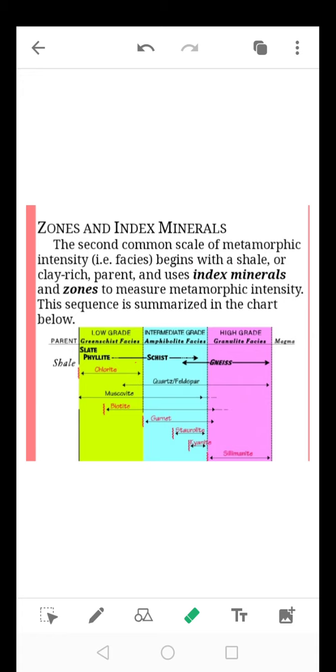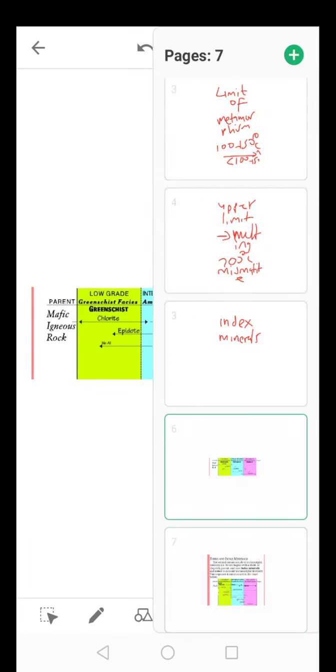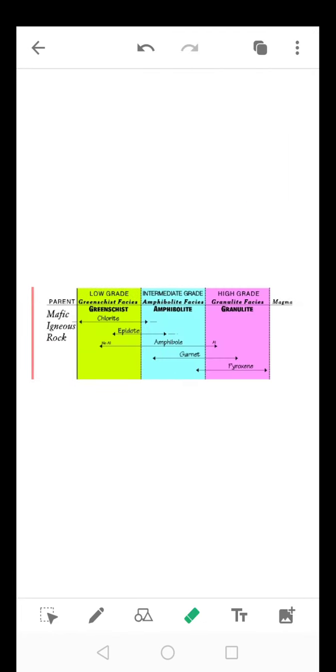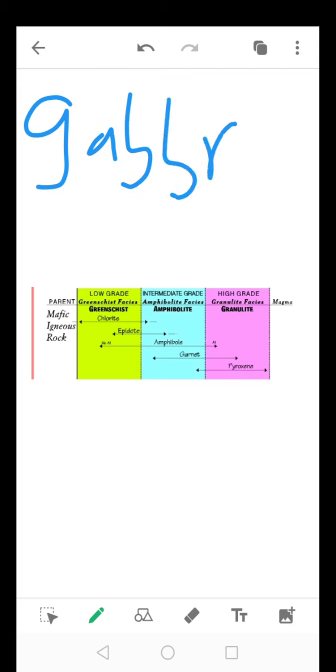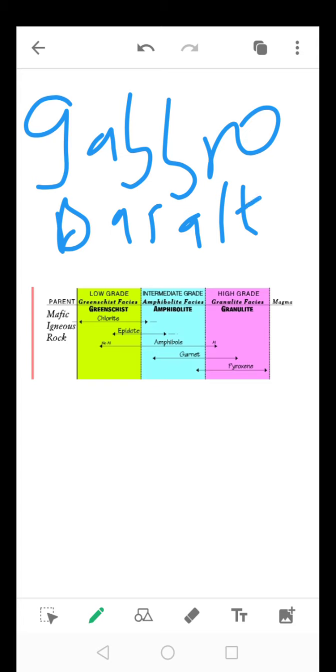Now, if we were to change the parent rock, in this case we take a mafic igneous rock. We can take a gabbro, we can take a basalt, because they are mafic rocks.